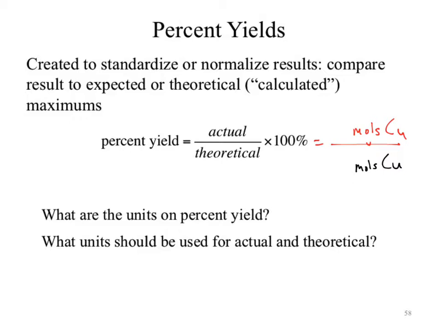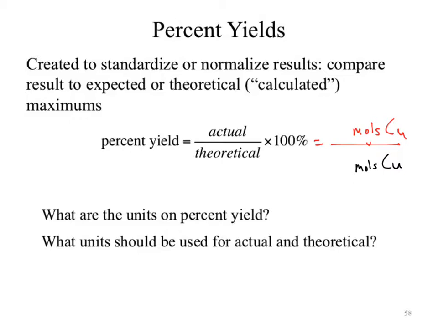Why? What is the relationship between grams and moles for the same substance? For instance, for copper. If I was to turn the black grams into moles, how would I do it for copper? What would I need? The molar mass. The molar mass of what? Of copper. Cool. Let's convert the red grams of copper into moles of copper. What would I need? The molar mass. The molar mass of what?